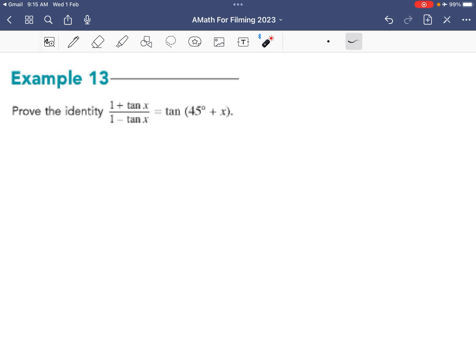Okay, example 13, we are asked to prove the identity. So what I'll do here is this. I will start from the left hand side, or rather I'll start from the right hand side in this case.